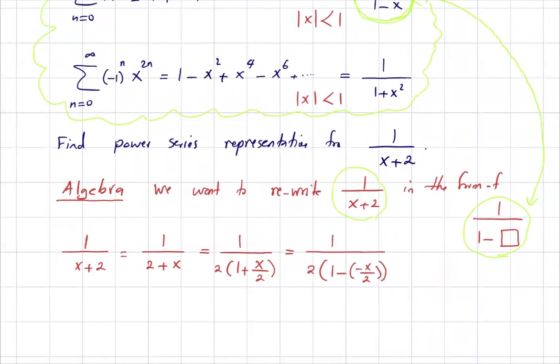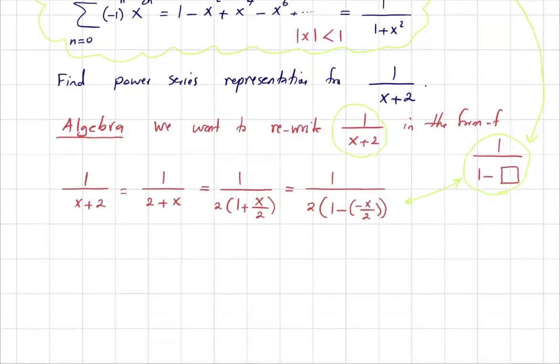Very good. So we rewrote this function in the form of 1 divided by 1 minus a quantity, and you can basically write down a half in front of it. It doesn't change anything. So 1 over x plus 2 is written as a half times 1 divided by 1 minus negative x divided by 2. Now we can follow the pattern.